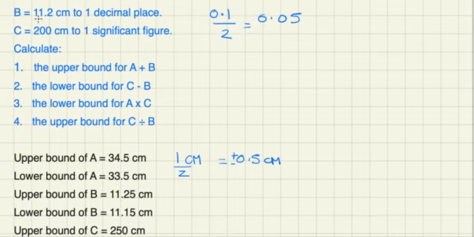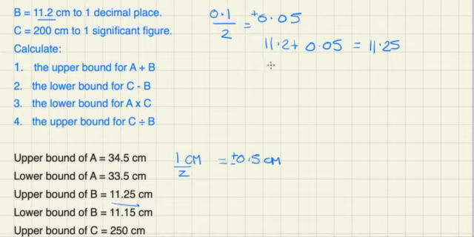So for this value, 11.2, the upper bound, you add this value. So 11.2 plus 0.05 gives you 11.25. And that's this value here.